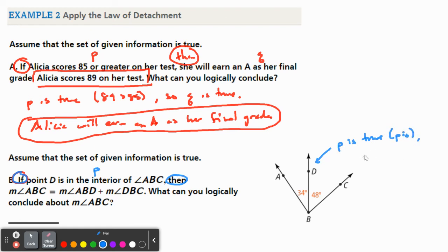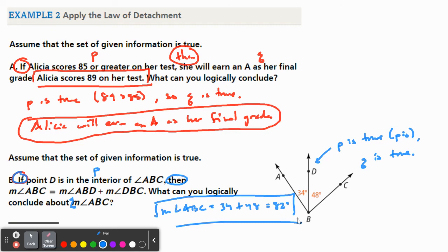So therefore, Q is going to be true. Q is the fact that the measure of angle ABC equals the measure of angle ABD plus the measure of angle DBC. So in the picture, we know that the measure of angle ABC is going to be equal to, well, ABD is 34 and DBC is 48. We know that the measure of angle ABC is going to be equal to 82 degrees.